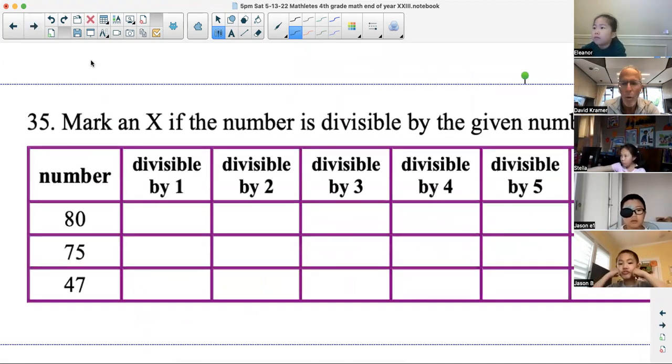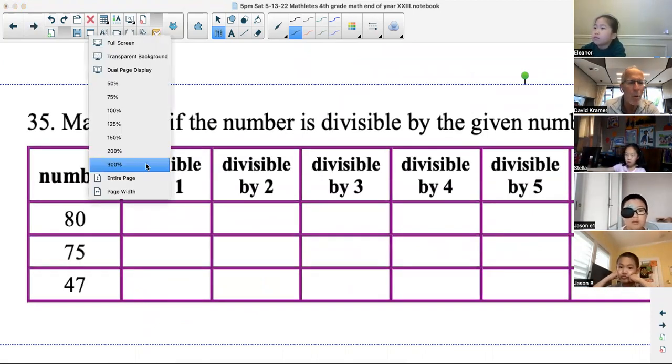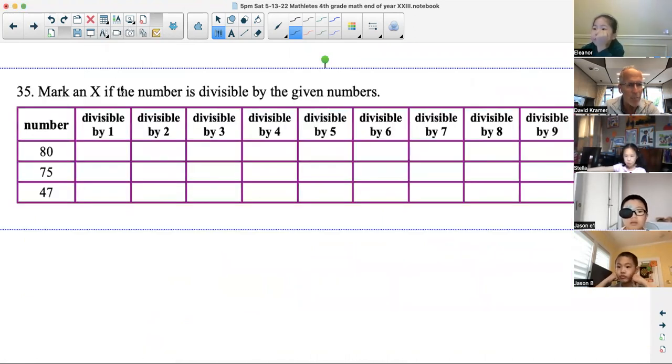And now we're going to talk about something called divisibility rules. Every number is divisible by 1, which means that 1 can be divided into any number evenly.